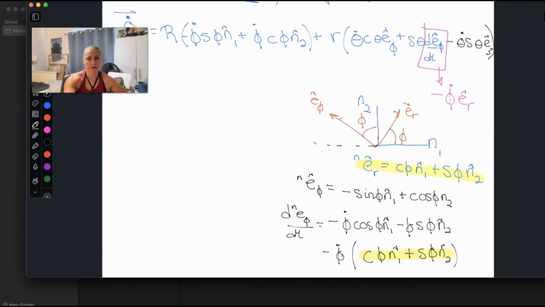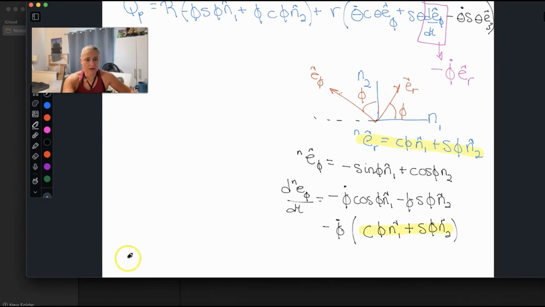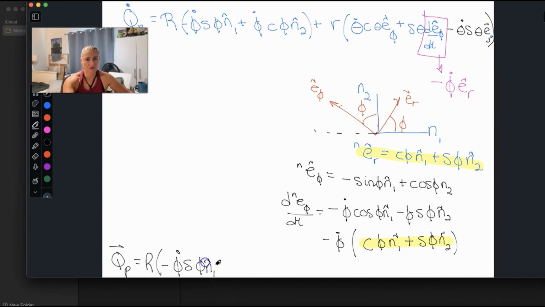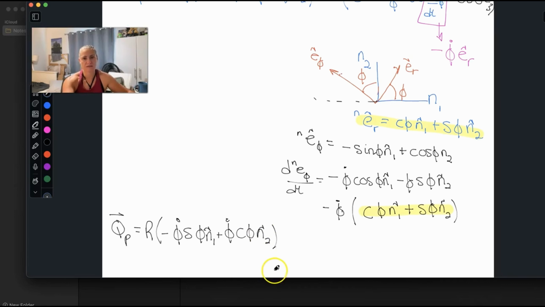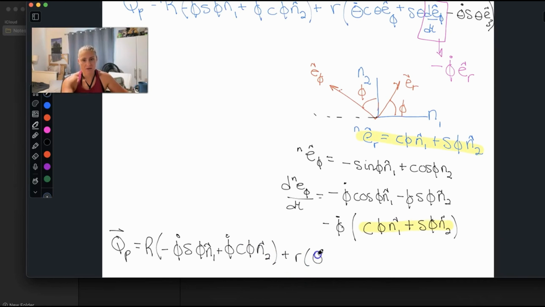Let's bring the velocity down. The velocity of point P is equal to R times negative phi dot sine phi in the N1 direction plus phi dot cosine phi in the N2 direction, plus R theta dot cosine theta in the E phi direction, plus sine theta phi dot in the ER direction, which we have to make negative.